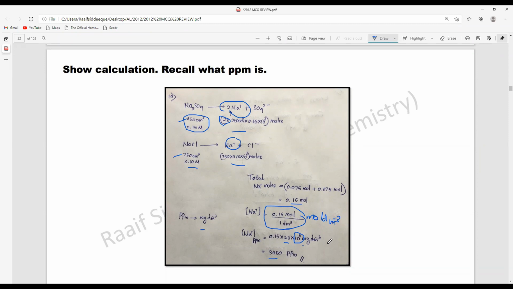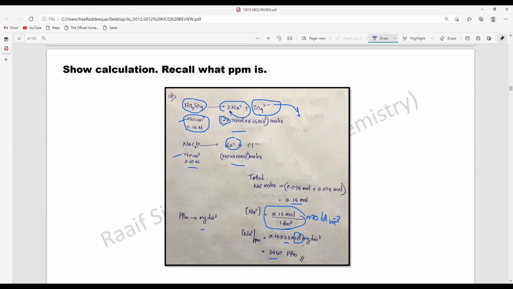So try to understand that concept. And you can try to find the ppm level of sulfate. Can you find the ppm level of sulfate in this solution? The only thing is the number of moles will be equal to that of sodium sulfate, but the volume will be changed to 1 decimeter, because you are mixing 250 centimeter and 750 centimeter.